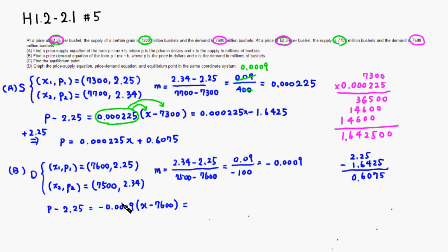Distribute negative 0.0009 to x, we get negative 0.0009x. Then we distribute this to negative 7600, so it's going to be positive.